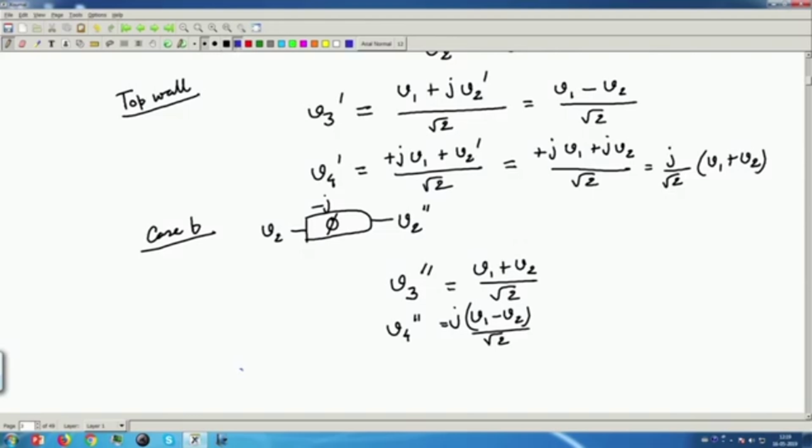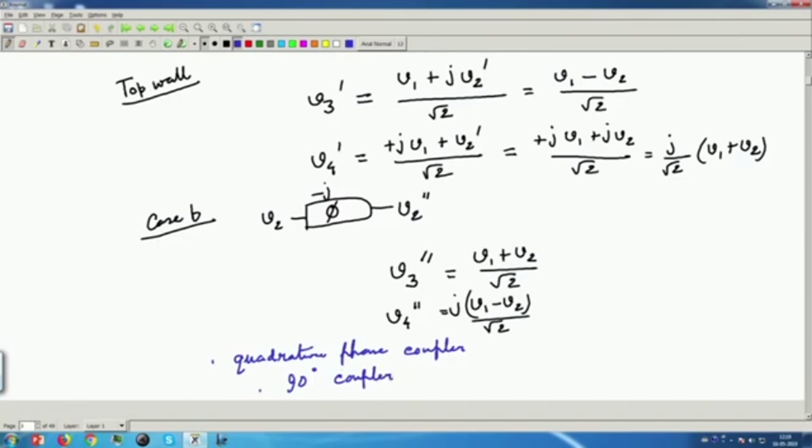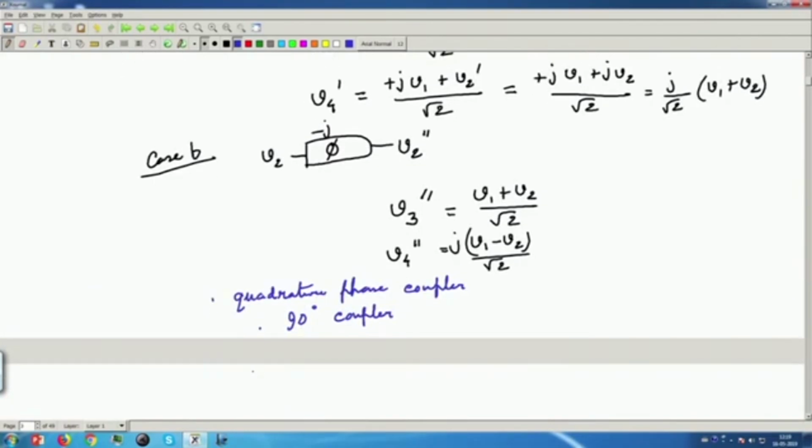Quadrature phase coupler, or sometimes it is called a 90-degree coupler. So, all these are different names of the same coupler, sometimes called a quadrature hybrid, sometimes called a 90-degree hybrid, etc.